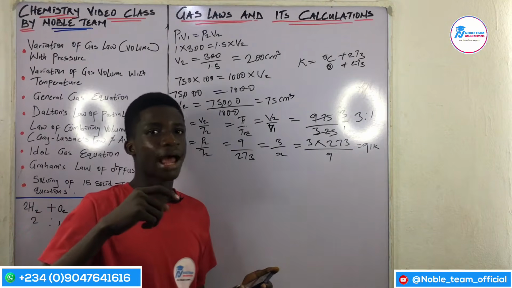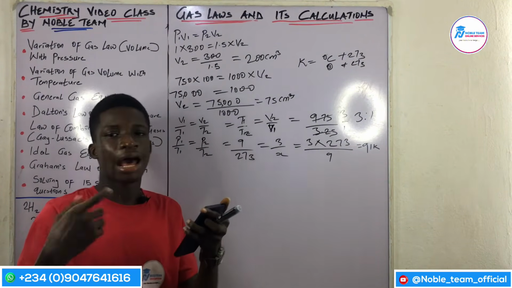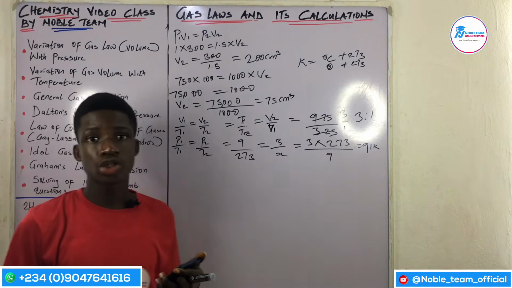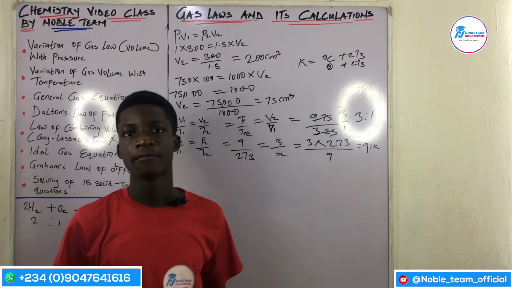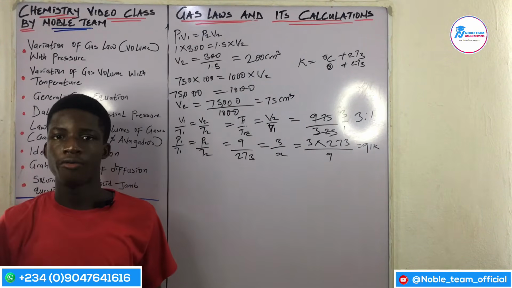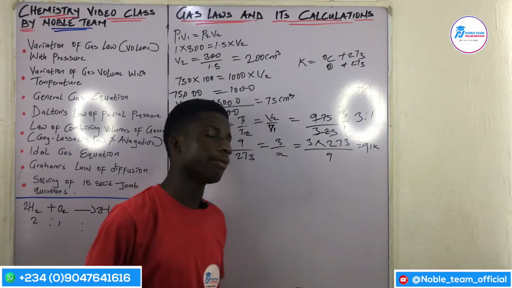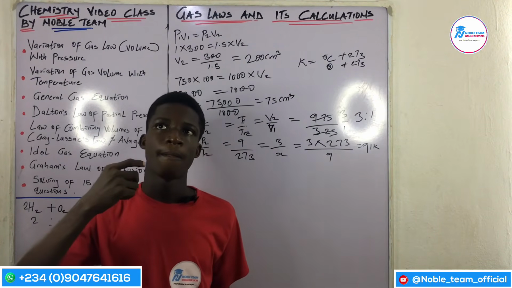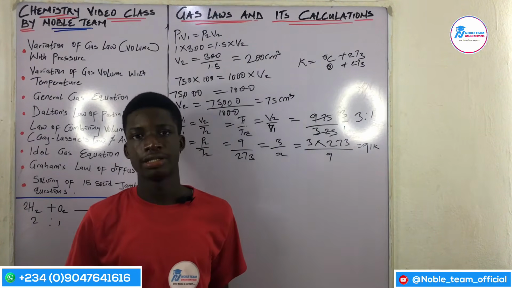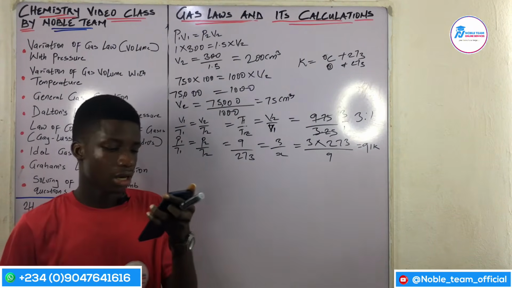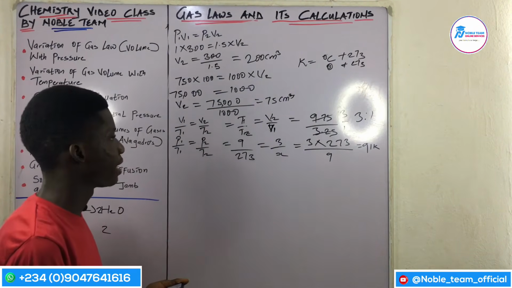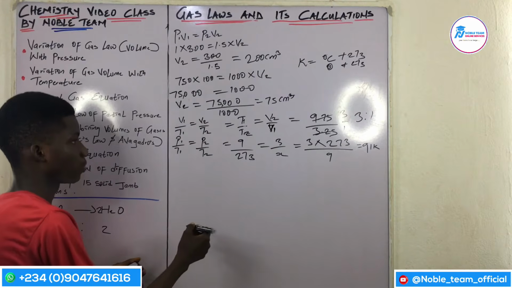Remember when I said that when you are solving questions in the ideal gas law, you make sure that your pressure is in atm, your volume should be in dm³, and your temperature should be in Kelvin. Now let's solve and get the correct answer to this question.